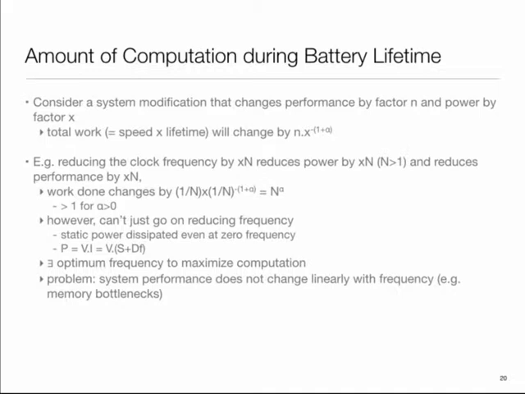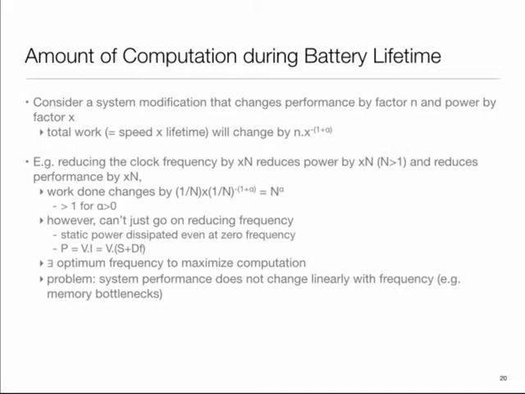If the battery was ideal, then alpha was 0, and therefore the work will change by n over x, because my speed went up by n, but my power consumption changed by x, so the total for an ideal battery would be n over x. But with a non-ideal battery, a battery following Peukert's law, it would look like this.